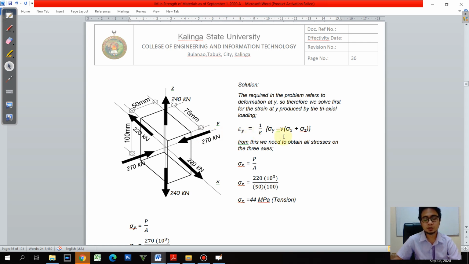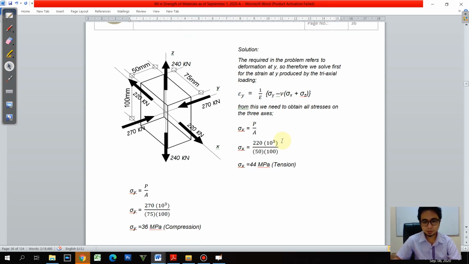So, una, kailangan natin malaman kung gaano ba humaba yung y. Asan ba yung y? Ito y. Humaba ba or umikli? So, it should be shortened, ano? Because the force along y is in compression.